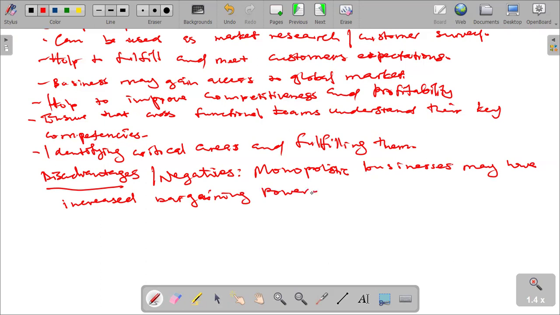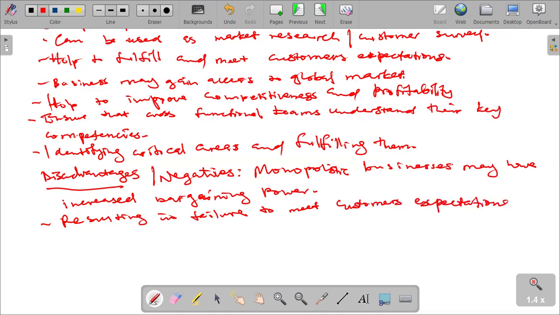Businesses that are dominating, the big giants, can have increased bargaining power, so they do not necessarily have to please customers, resulting in failure to meet customers' expectations.